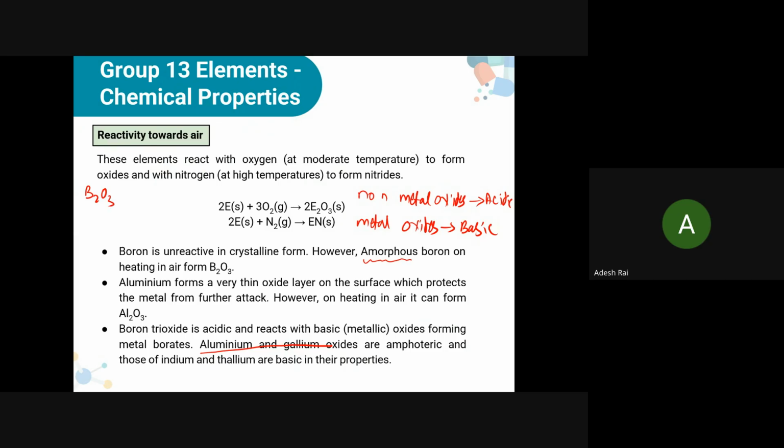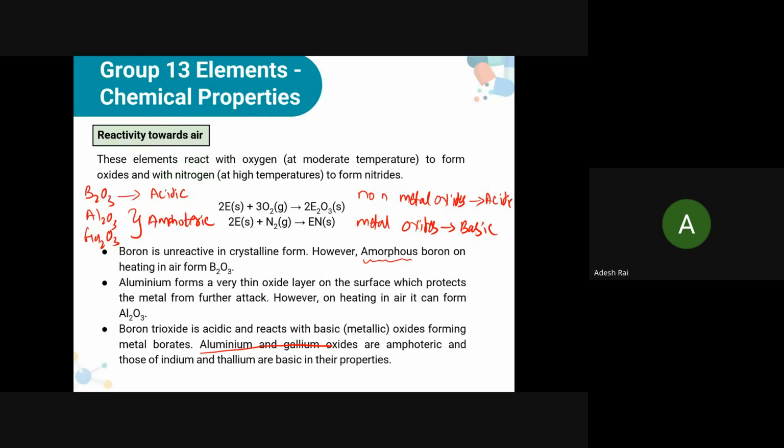B2O3 will be there. Then Al2O3 will be there. Then Ga2O3 will be there. This is acidic, but these two are amphoteric.